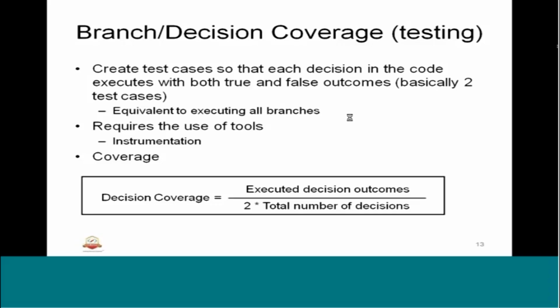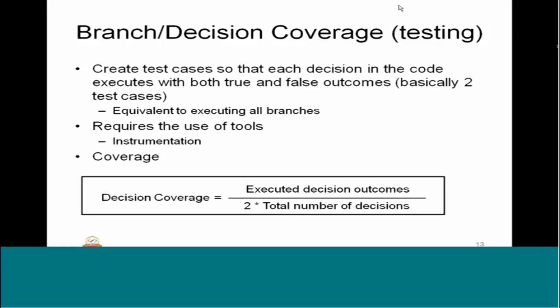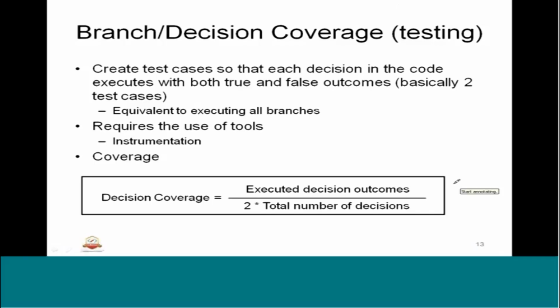So we use tools as well for this. It's called an instrumentation tool where decisions have been taken care of. And here also the coverage is measured as a percentage, where the total number of executed decision outcomes is considered. That means the total number of decisions, how many are there, against the total number of executed decisions.